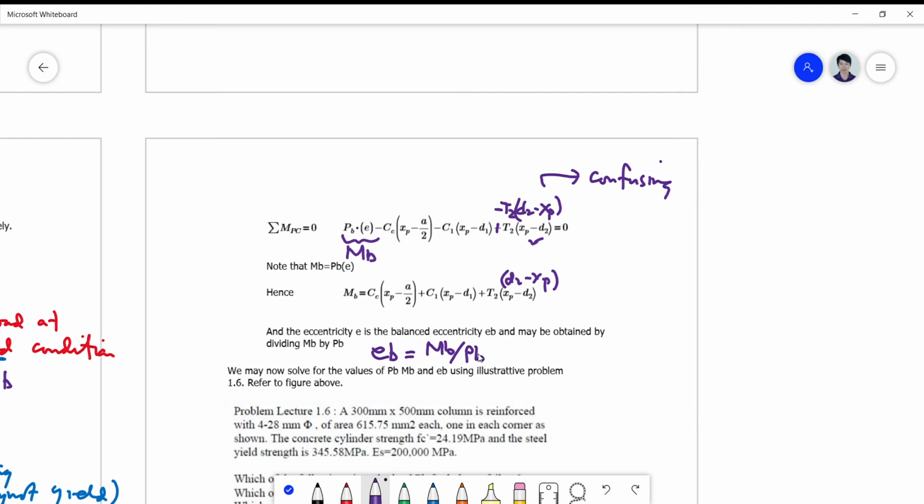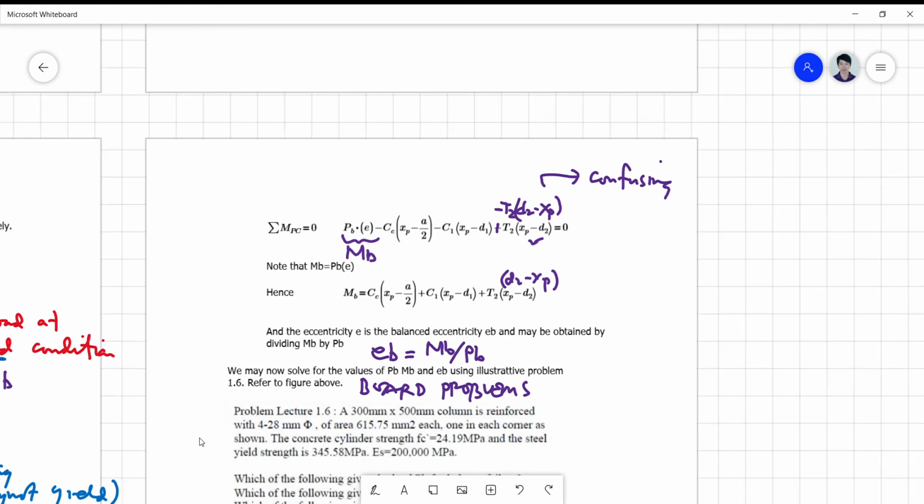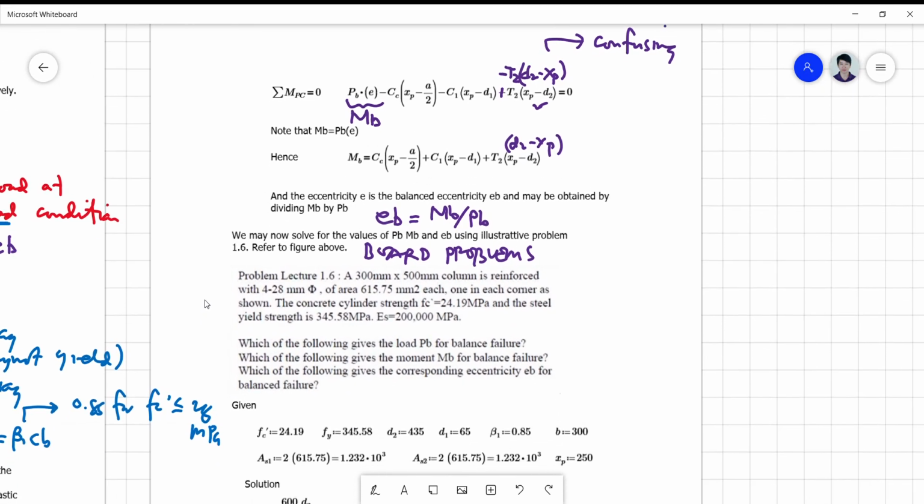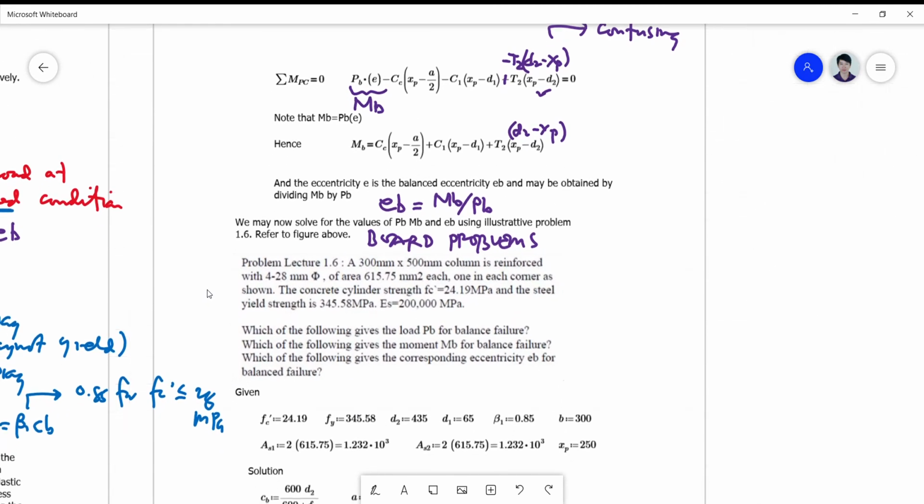If you remember illustrative example 1.6 that I gave you in the board problems, we can now solve it, since we already know what balance failure is all about. So let's try solving it.